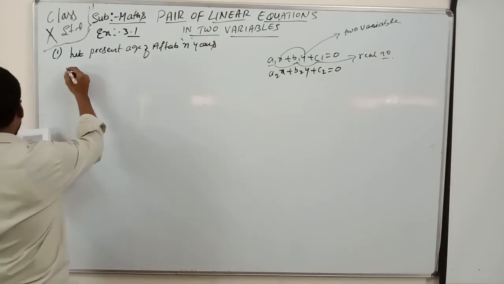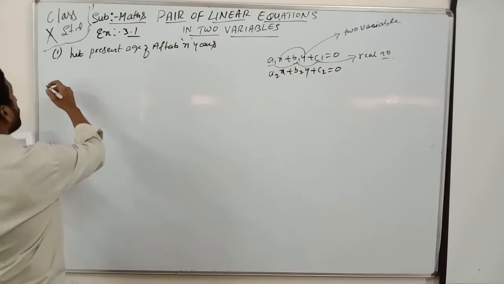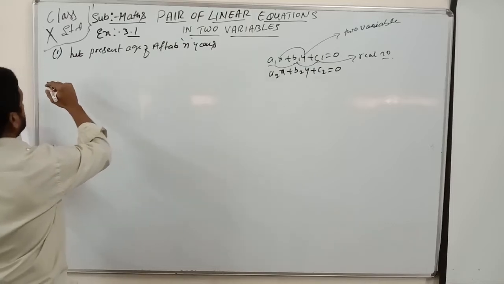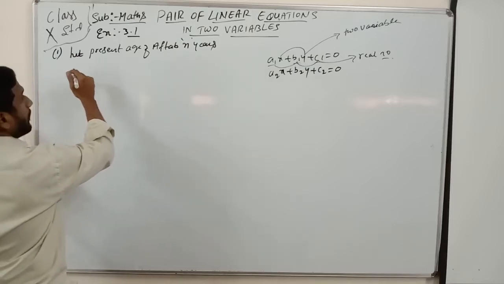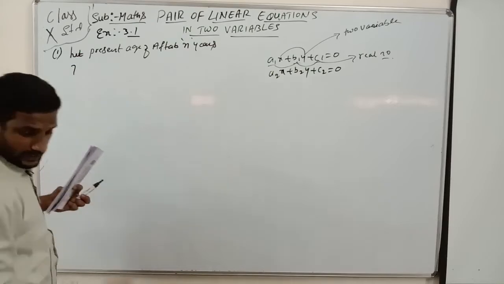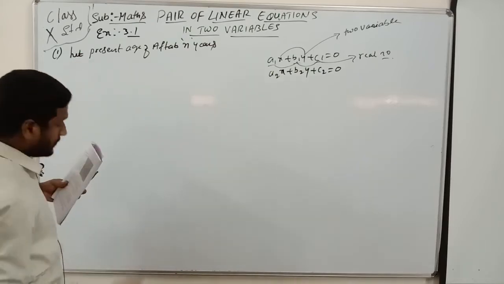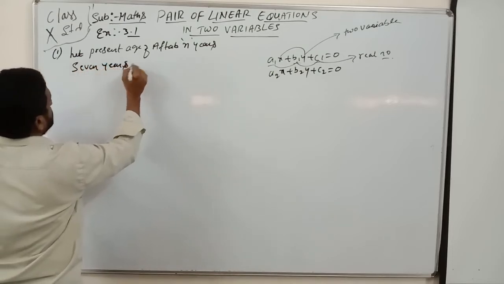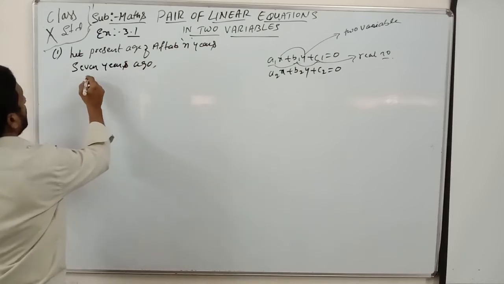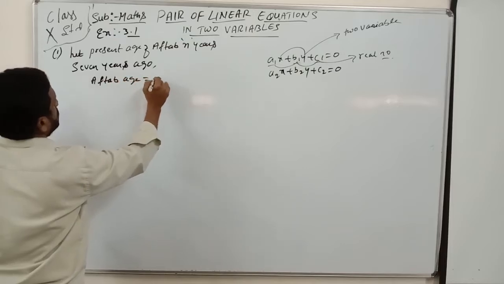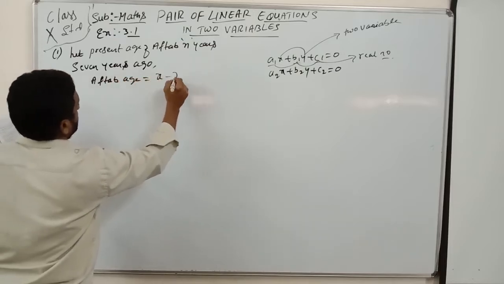So 7 years ago, present age of Aftab x years, and 7 years ago you can write it here: 7 years ago, Aftab is equal to x minus 7.